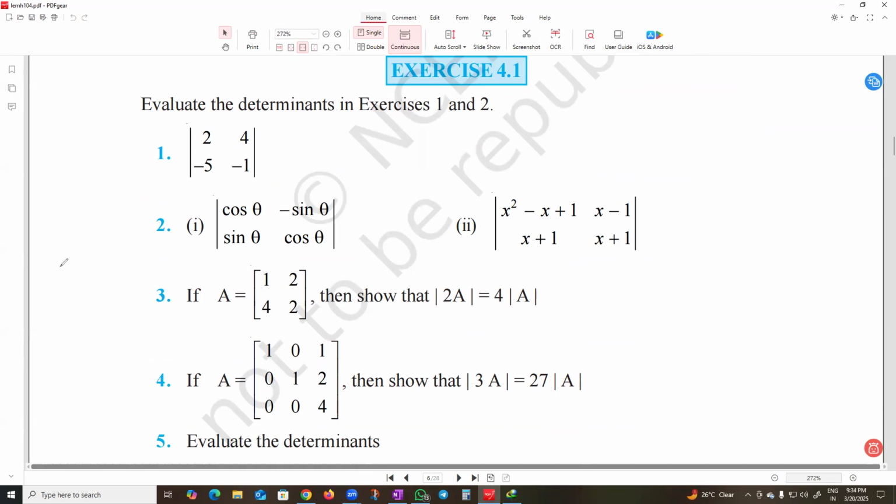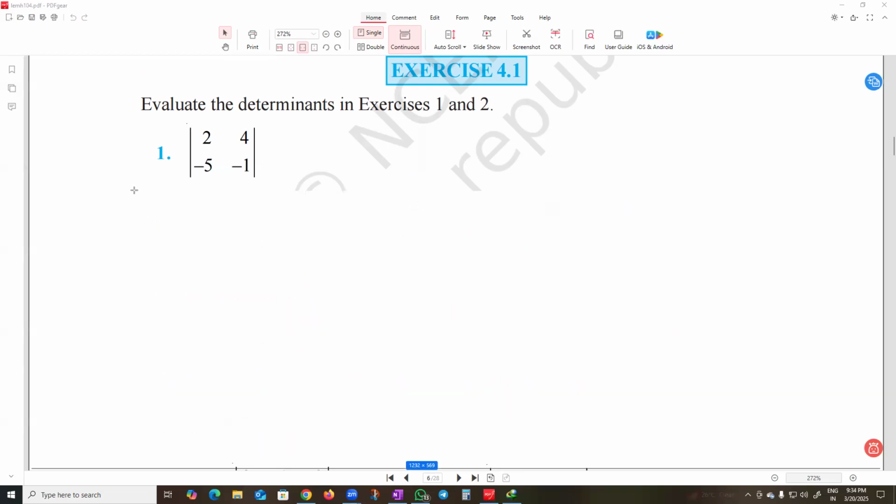4.1. In 4.1, you can see, so how to calculate the determinant of this matrix? Just use the property: 2 into minus 1 minus 5 into 4.